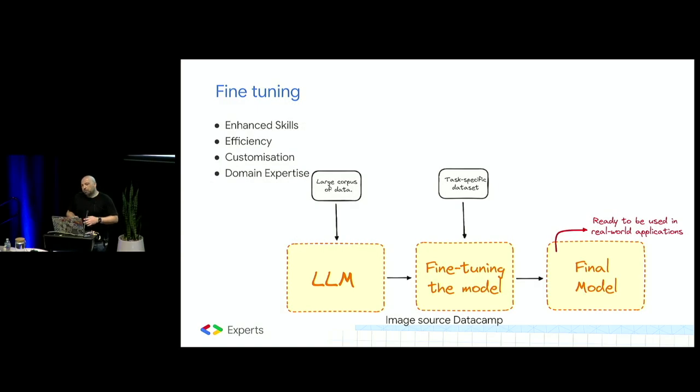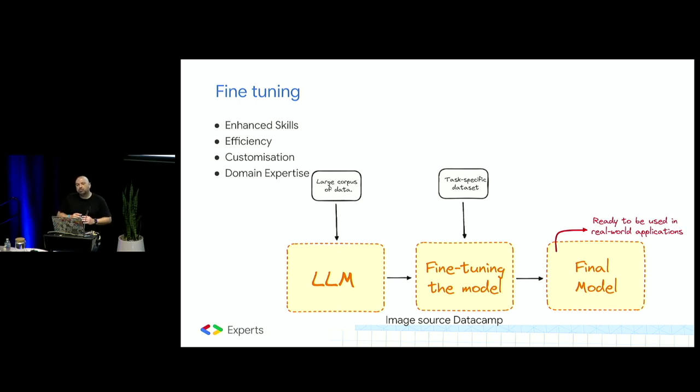Now, outside of RAG systems, you probably have heard about the other approach that we can use to enhance models, which is fine-tuning. When you hear fine-tuning, we're really talking about the process of taking a pre-trained model and further training it on a domain-specific dataset, right?